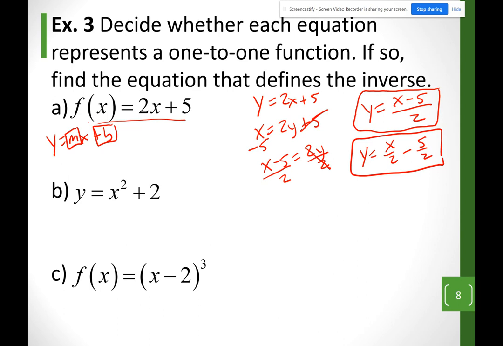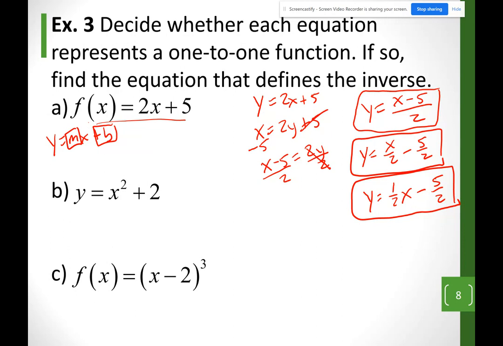And some people might even go, well, can I write this as y equals 1/2 x minus 5/2? Because they took the x out of the fraction? Sure. Those three examples are basically the same thing.